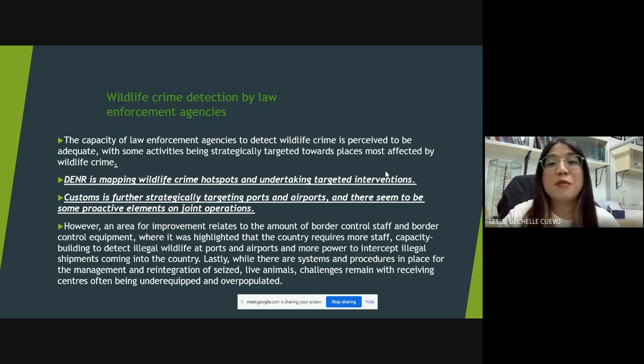Kasi kung galing sa ibang bansa, if the crime committed is transnational in nature, of course, dahil transnational nga siya, may ibang bansa na involved. The only way for them to enter the country is through our ports, seaports, airports. And there seem to be some proactive elements on joint operations. However, an area for improvement relates to the amount of border control staff and border control equipment.